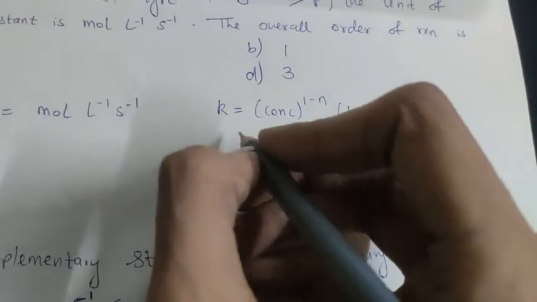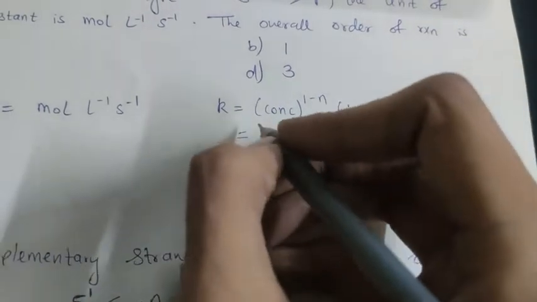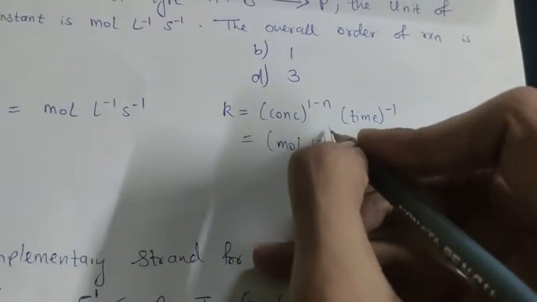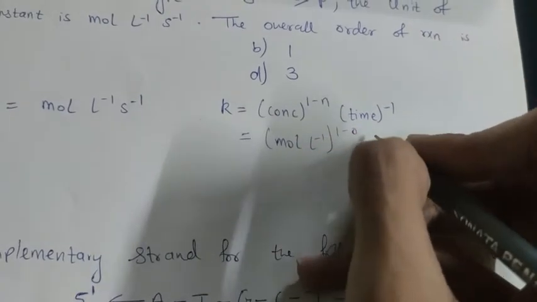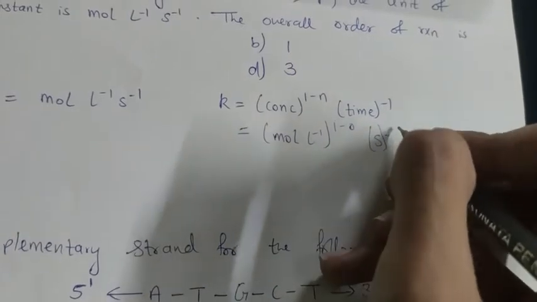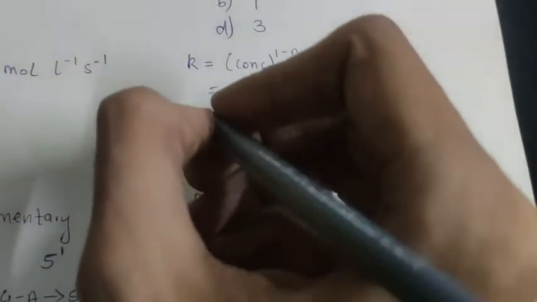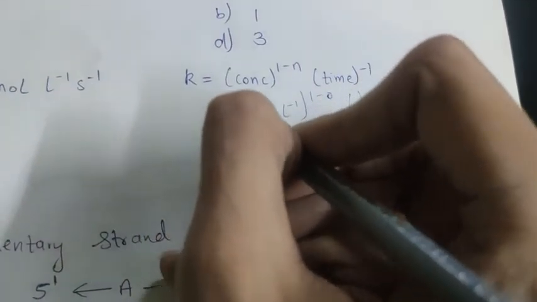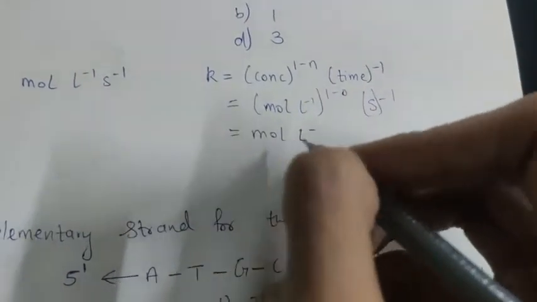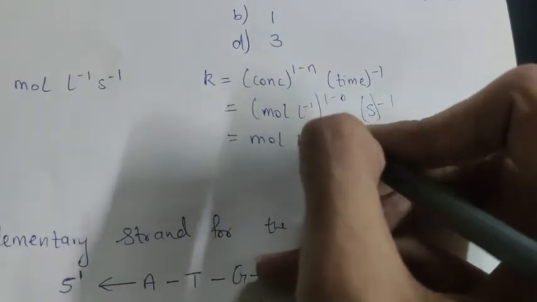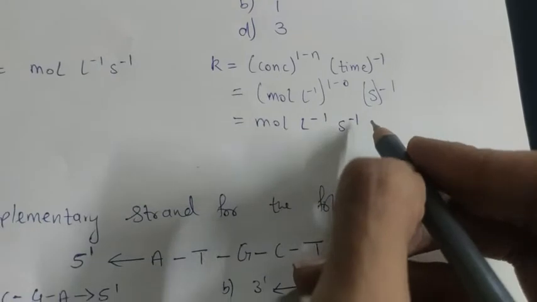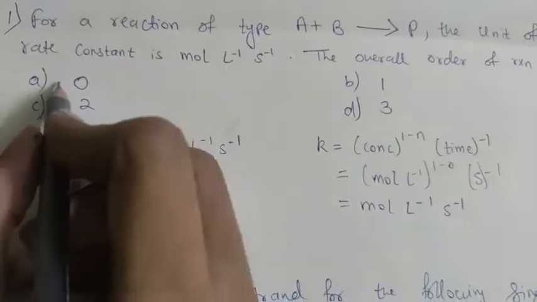For example, if I take 0 order, the concentration is in mole liter inverse raised to 1 minus 0, and time is second inverse. So what I get is mole liter inverse, 1 minus 0 is 1, so the power doesn't change, and second inverse.